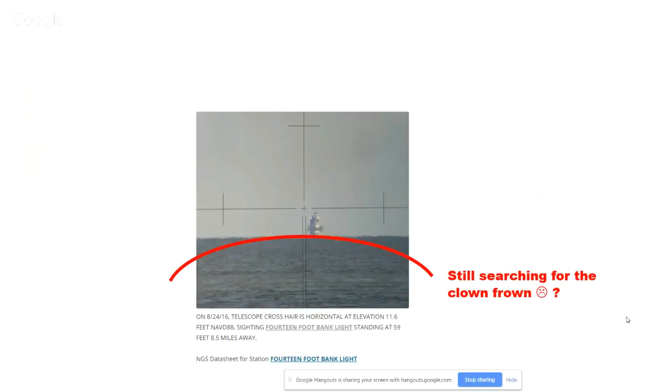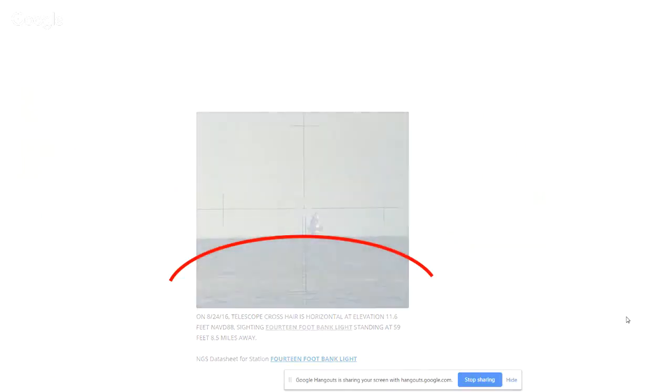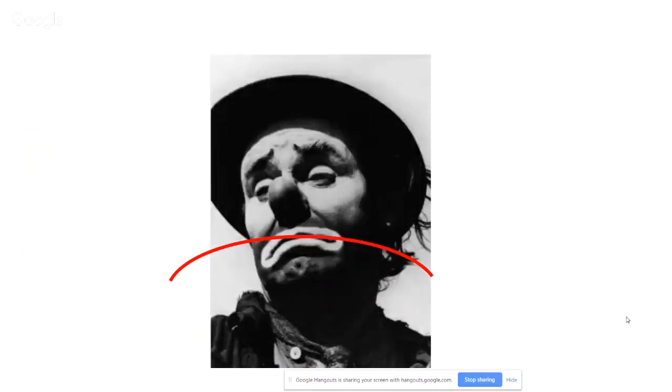Still searching for the clown frown? You're not going to see that. I think that's hilarious. You will never see the curve searching for the clown frown.